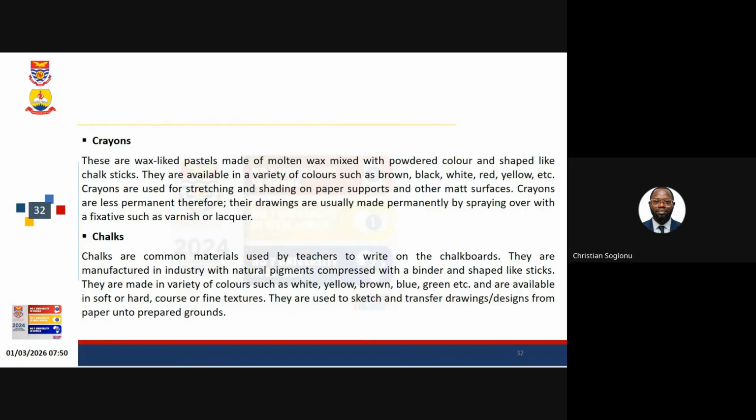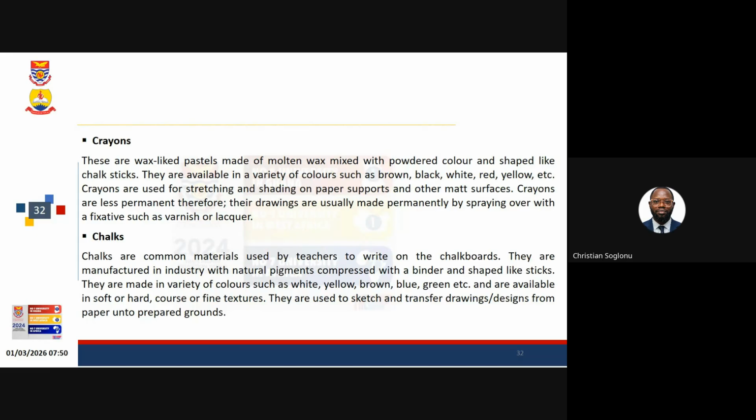So crayon. The next drawing media we'll talk about is crayon. These are wax-like pastels made of molten wax mixed with powder color and shaped like a chalk stick.